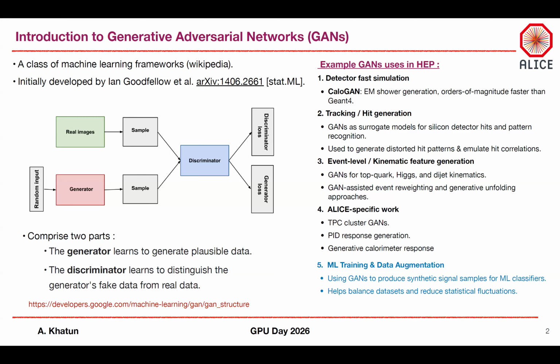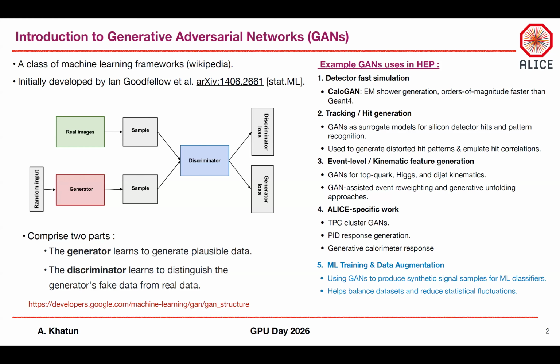Since then, there have been multiple use cases in high energy physics, mainly detector simulations, digitization, and also event level, especially in Large Hadron Collider experiments, which have been using GAN for quite a while now.